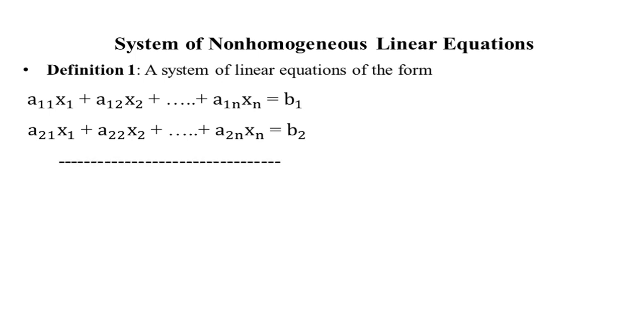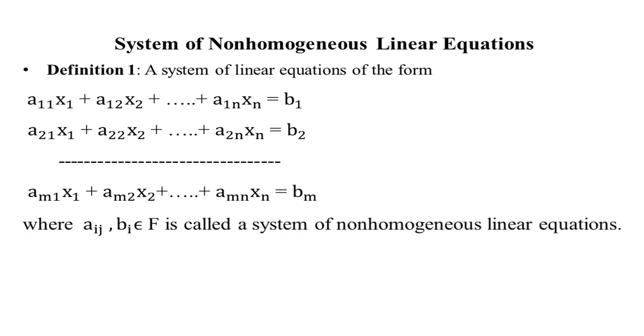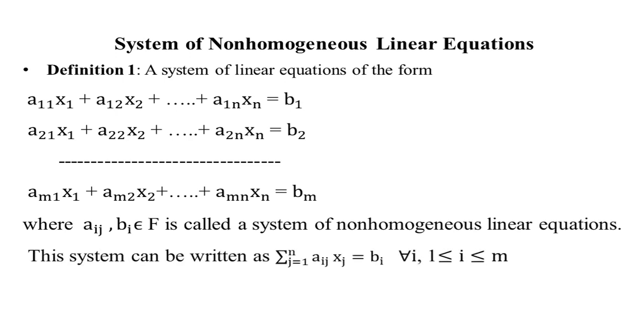Continuing in this way, mth equation am1x1 plus am2x2 plus etc. plus amn xn equal to bm, where aij, bi in F is called a system of non-homogeneous linear equations. This system can also be written as sigma j equal to 1 to n aij xj equal to bi for every i, 1 less than or equal to i less than or equal to m.